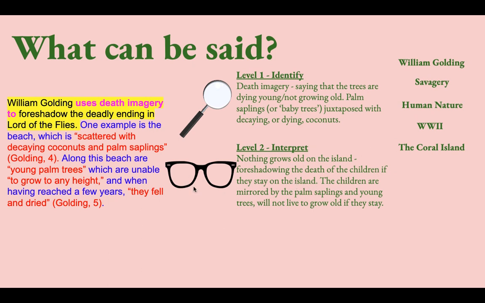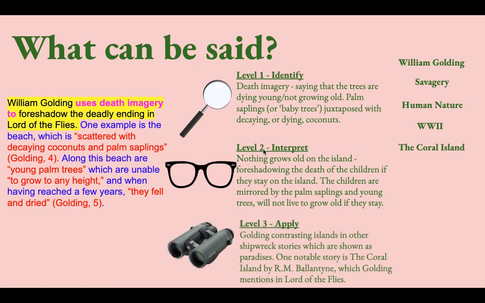The children are mirrored by the palm saplings and young trees. They will not grow old if they stay. So I've identified the death imagery and said what it means. Now I've tried to interpret or infer what's not in the text to say its deeper meaning. This is level 2. If I want to get them A's, I need to go level 3. Apply.